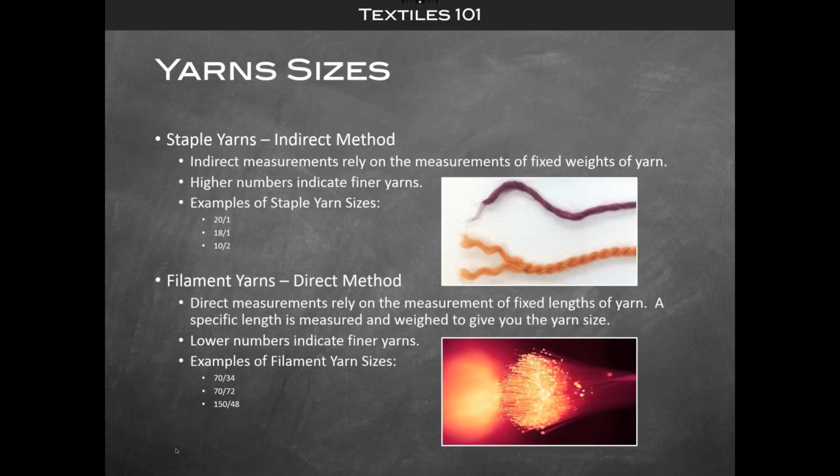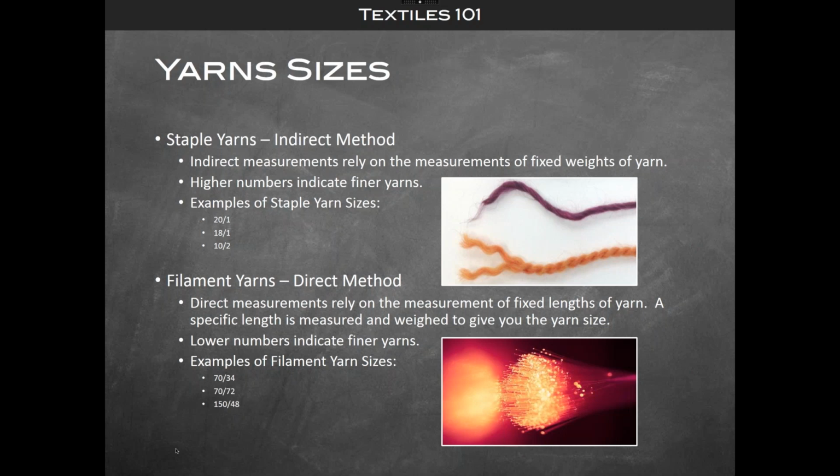This slide here is talking about yarn sizes and how they're measured. Staple yarns use an indirect method of measuring the yarn size. Indirect method measures rely on the measurements of a fixed weight of yarn.